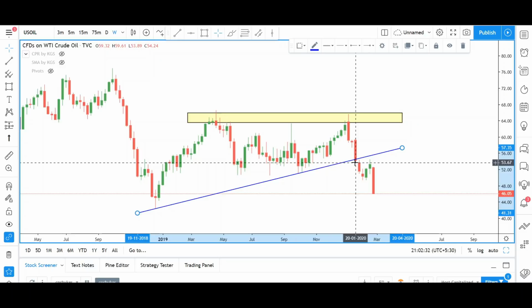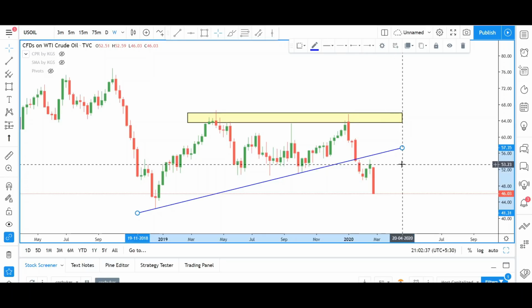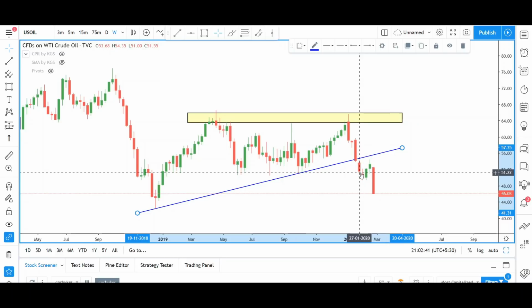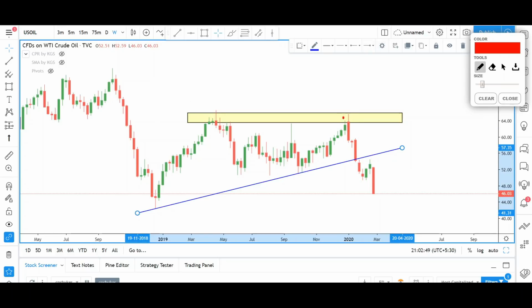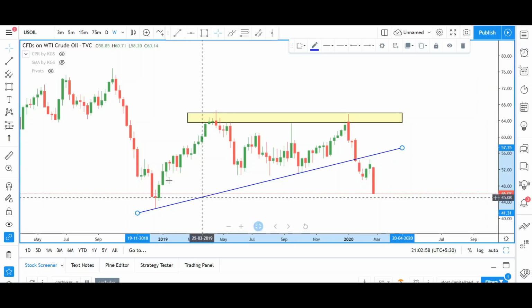So crude oil is in a downtrend from 20th January, when it broke the trend line. And this is just a retracement. Crude oil is coming down, just taking a rest. There is a small pullback, and again it is coming down. Clear?